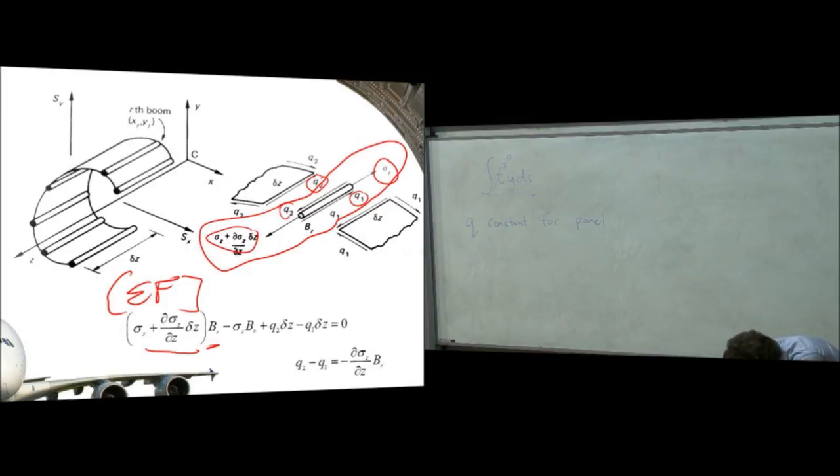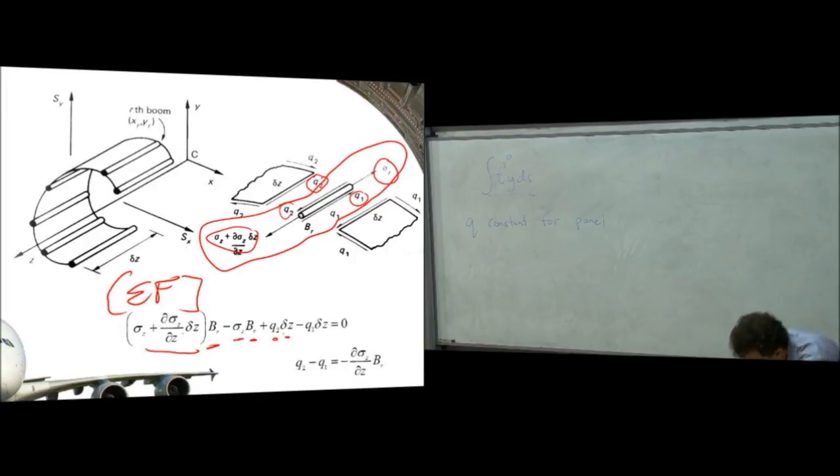On the other end of the boom, it's the stress times the area. And along the edges of the boom, it's a shear flow times a length. So these are all force terms. Remember, shear flow is newtons per millimetre, or force per distance. If we multiply by the distance over which it's acting, we get to a force. So stress times area, shear flow times distance. So the forces should equal 0.